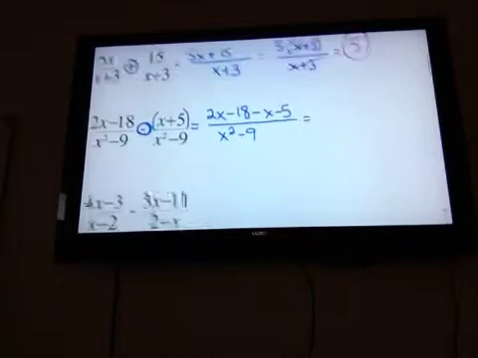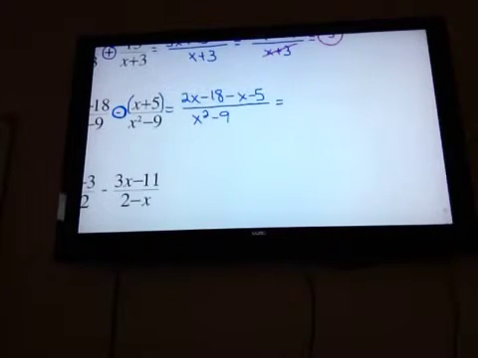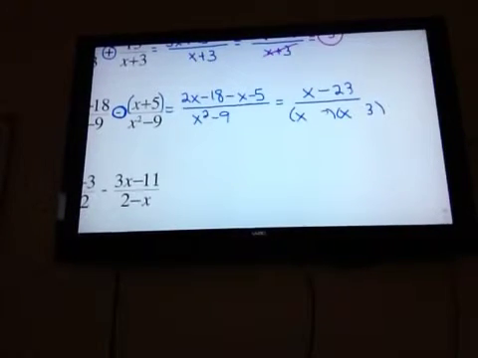So now I'm going to add or subtract, factor if I can, reduce if I can. 3 steps in order. So 2x minus 1x is 1x. Negative 18 minus 5 is a minus 23. My denominator can factor. It's a difference of squares. X times x, 3 times 3, plus and minus.